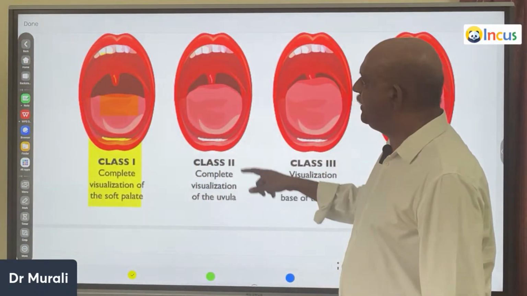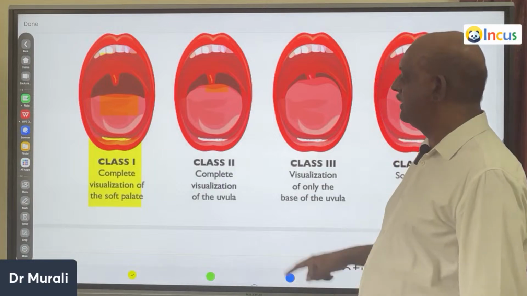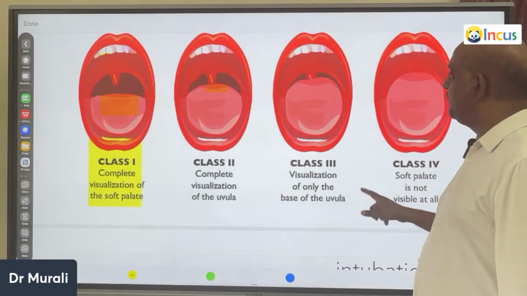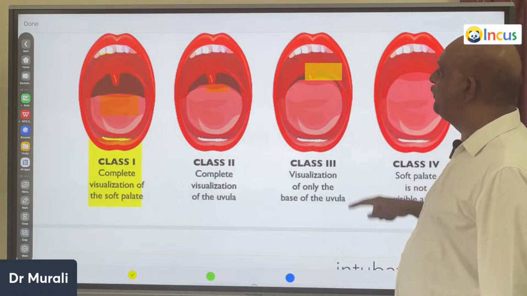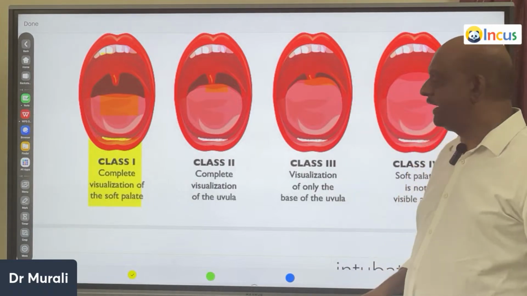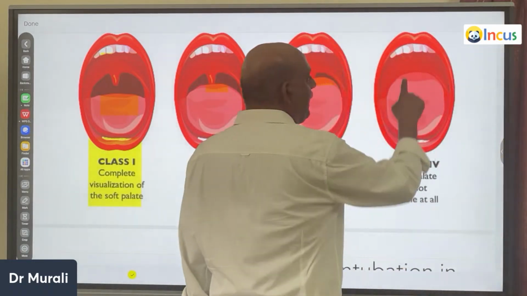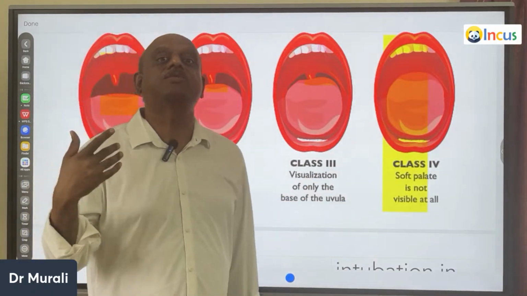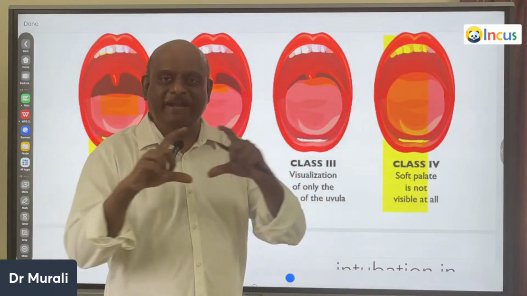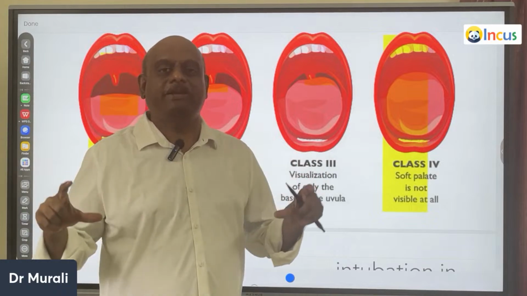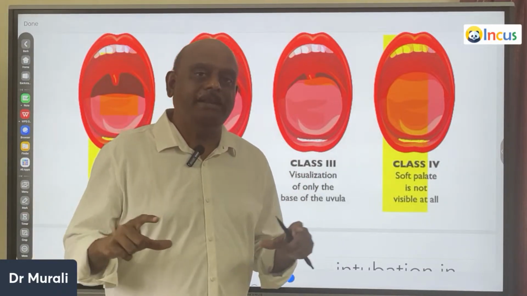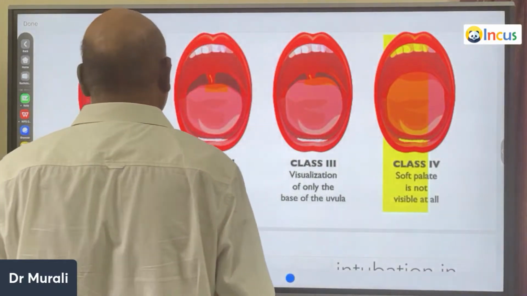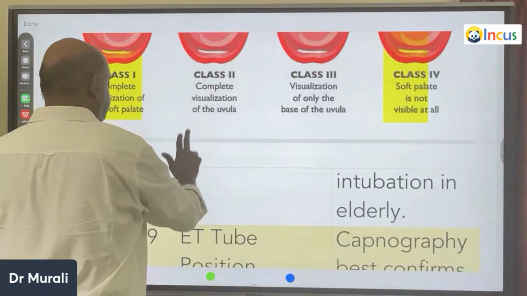Complete visualization of the uvula is class 2. Visualization of only the base of uvula is class 3. And if the soft palate is not visible at all, then that is called class 4. So this is a favorite image-based question. Examiner will expect you to know which Mallampati classification it belongs to. All right, doc.